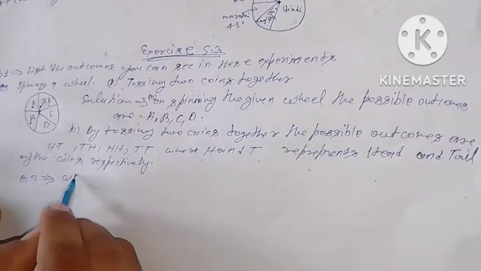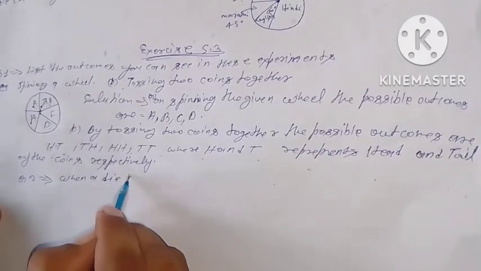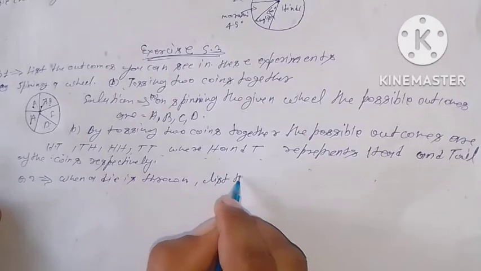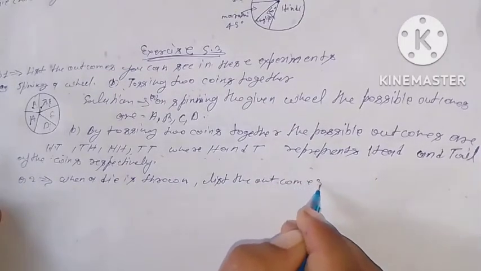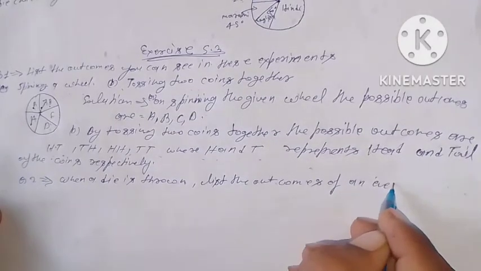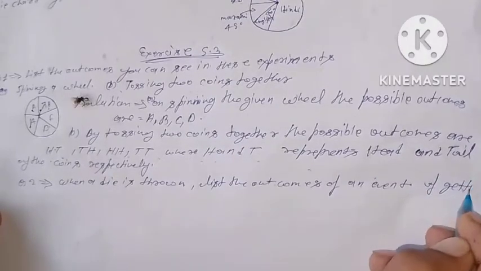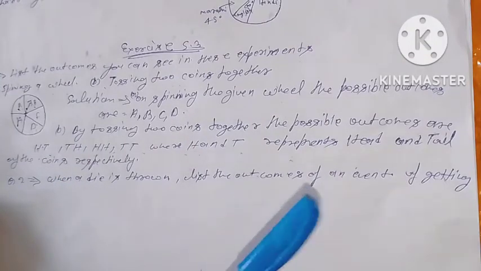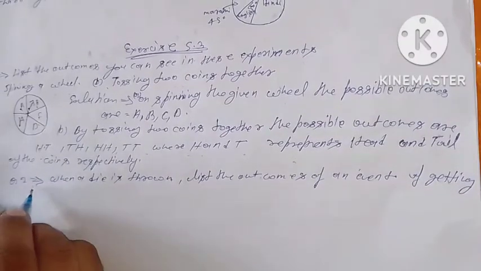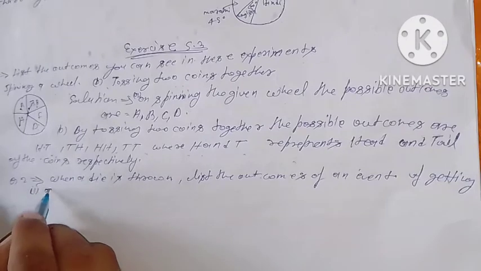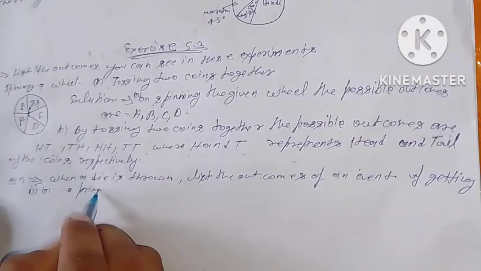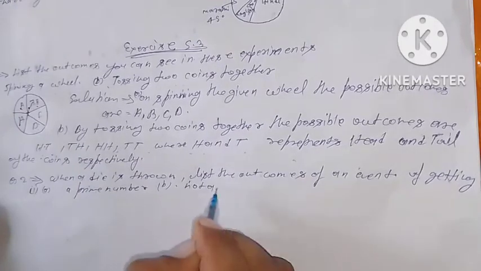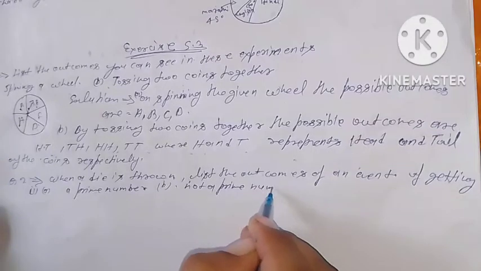When a die is thrown, list the outcomes of an event of getting: first question, a prime number; B, not a prime number.